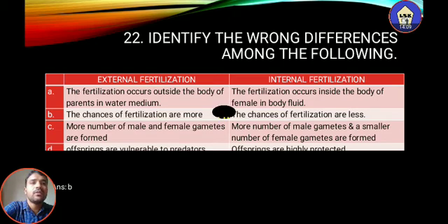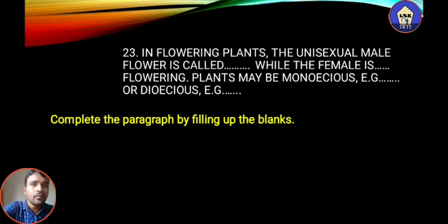Now question number 23. In the flowering plants, the unisexual male flower is called dash, while the female flower is dash. Plants may be monoecious, example dash, or dioecious, example dash. So we need to fill in the blanks.